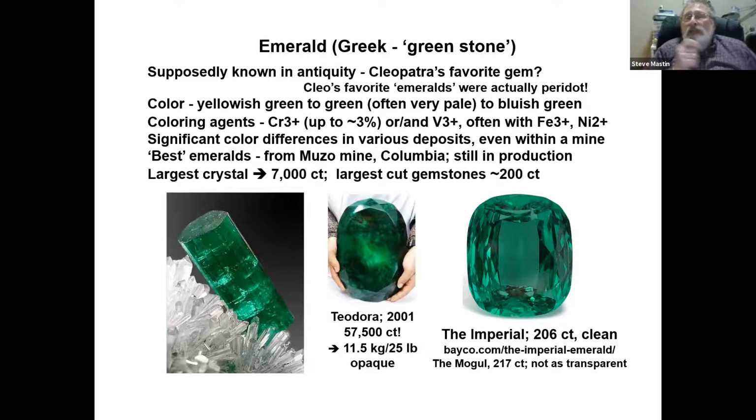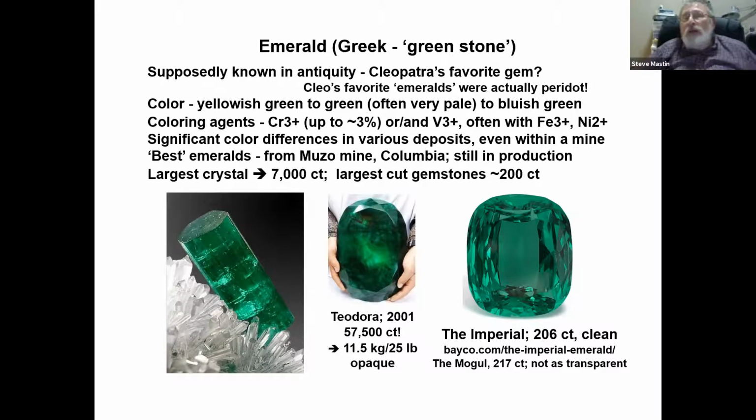Not because they're native to the ground, but because the Thais are really good cutters. And so lots of colored gems are sent to them, and they're famous for treating those gems in ways that are not quite kosher.